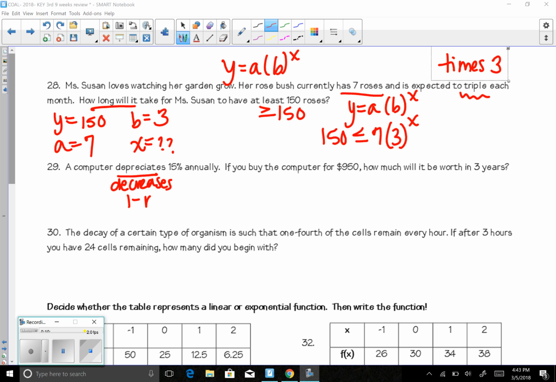And the base ends up being what you ended with. So if you get rid of 10%, you keep 90%, and that's what you multiply by, is that 0.9. So here, if an organism decays and you keep 1/4, then you don't need to do anything. That just means that your base here is 1/4. You always multiply by what you keep, okay?